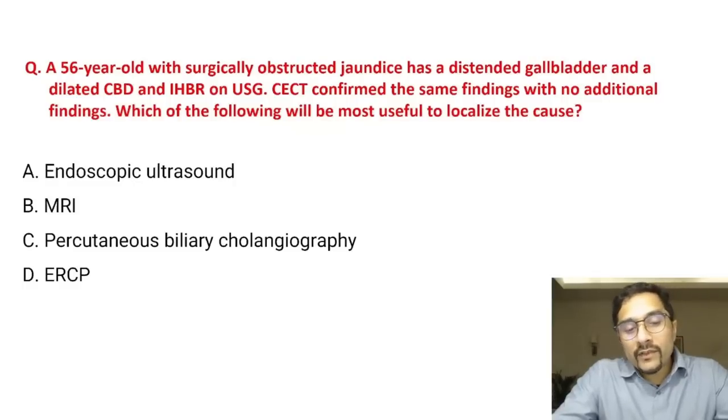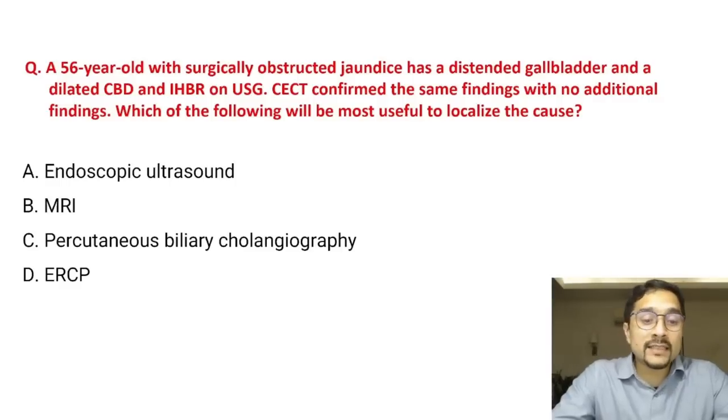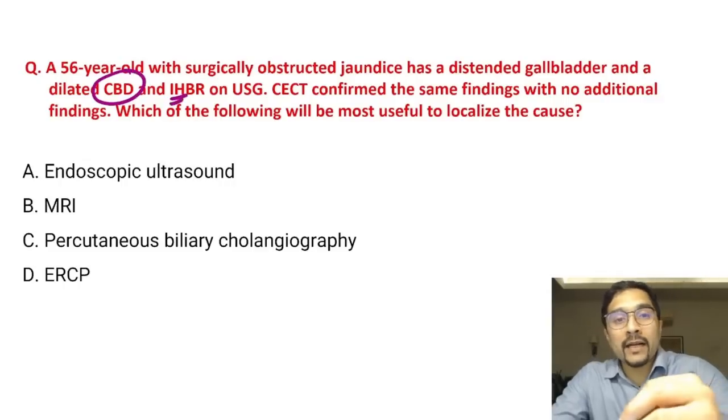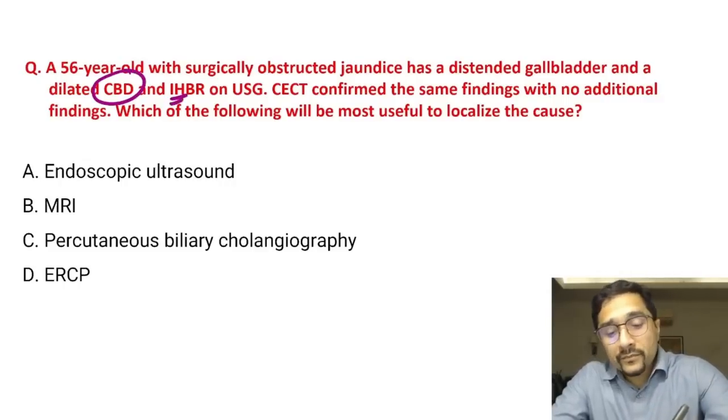So you have a 56-year-old patient with surgically obstructive jaundice, right? So surgically obstructive jaundice would mean that the direct bilirubin is raised, ALP is raised in these patients, and here you have a distended gallbladder with dilated CBD and intrahepatic biliary radicals as well.